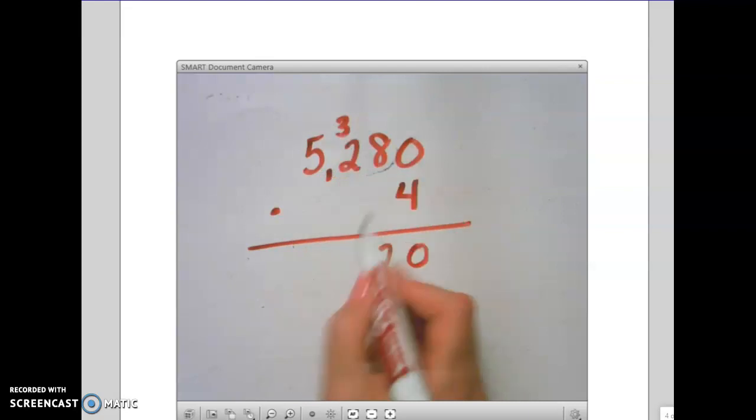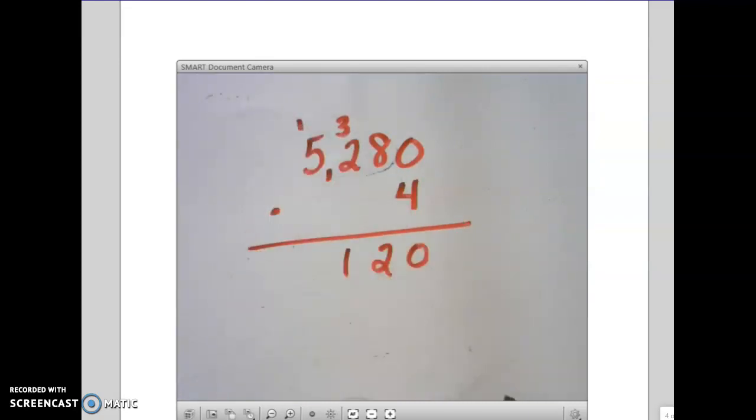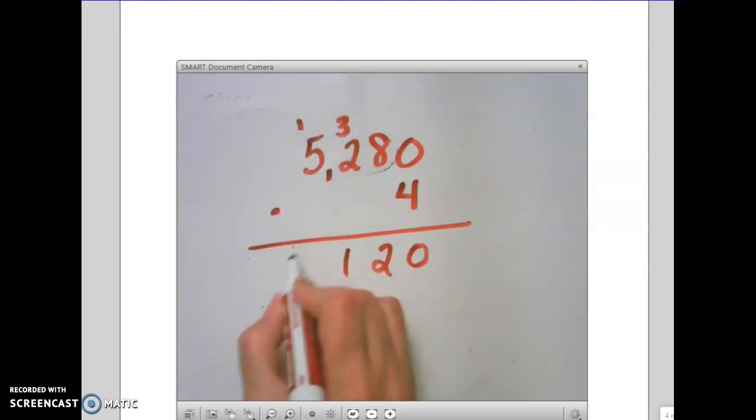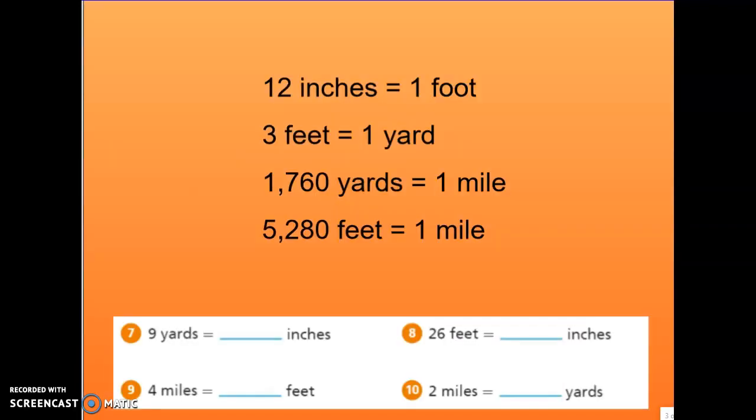Plus the 3, that's 11. 4 times 5 is 20. Plus this 1 up here, 21. So, how many feet are in 4 miles? The answer is 21,120 feet.